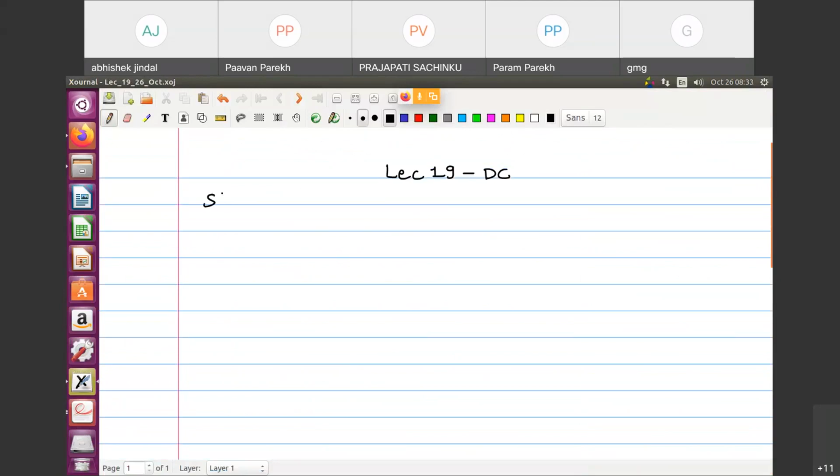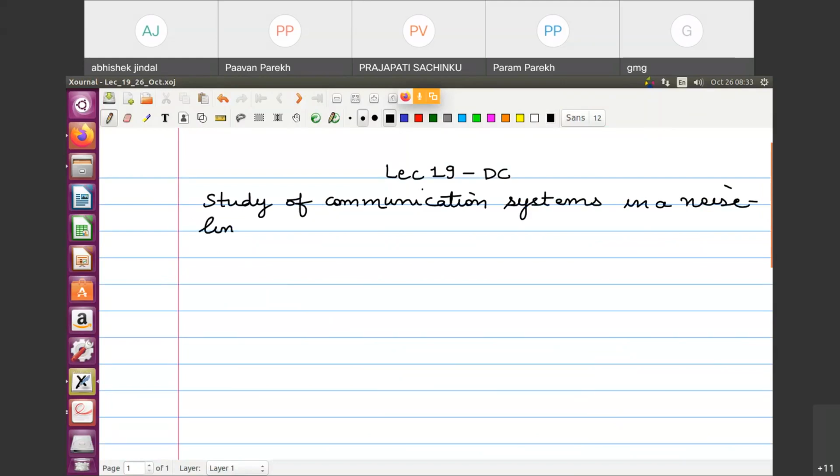The study of communication systems in a noise limited environment means that we will be considering additive noise. In order to do this, we require the background of random processes.